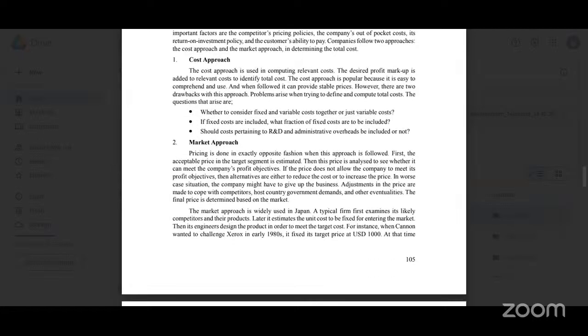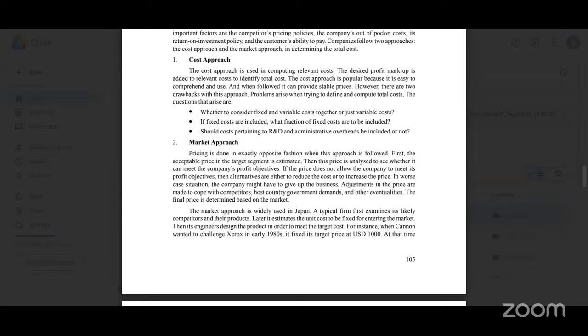So, problems arise when we are trying to define and compute total costs, and the problems are related to whether to consider fixed and variable costs together or just variable costs. If fixed costs, like say rents, are included, what fraction of fixed costs are to be included? Because they have to be factored in over a period in time.